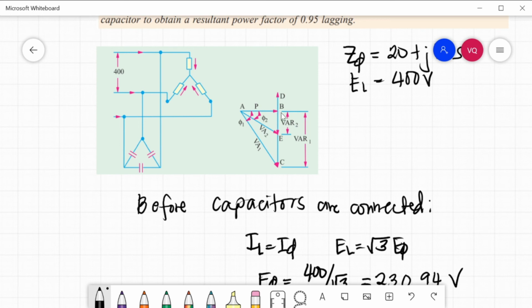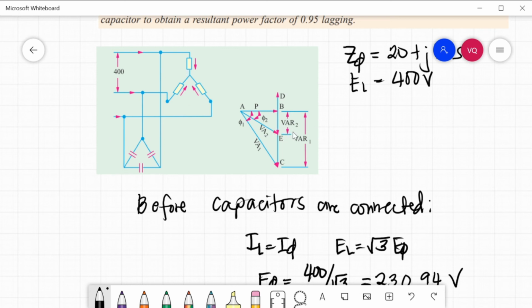And now we are going to connect a delta connected capacitor for us to improve its power factor from 0.8 to 0.95. We will solve the var of the capacitor that is useful to correct its power factor.